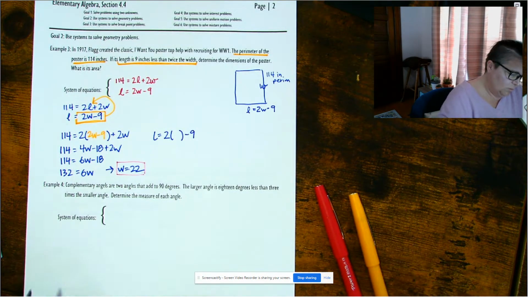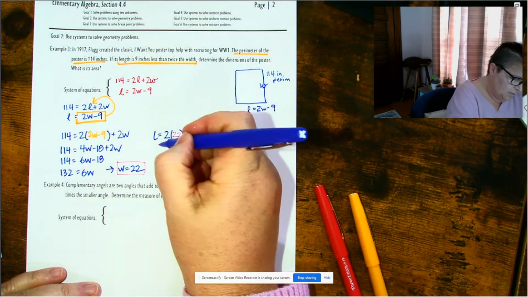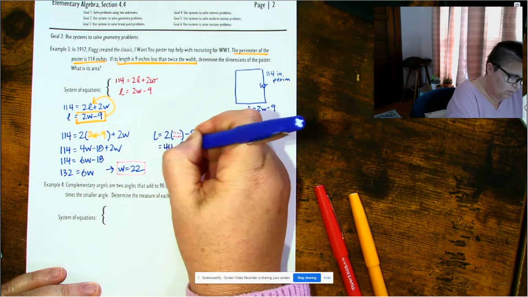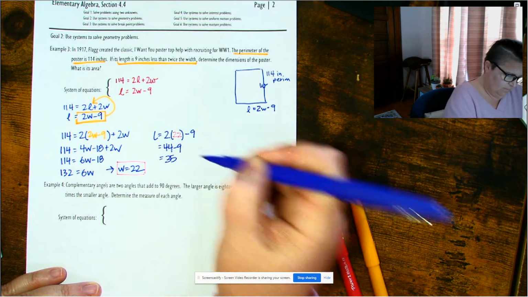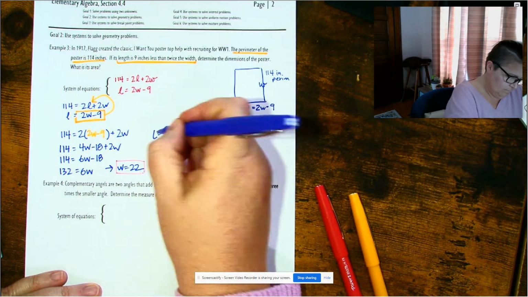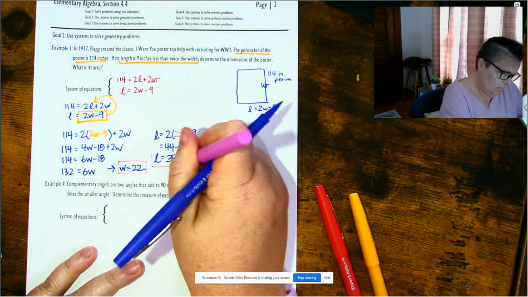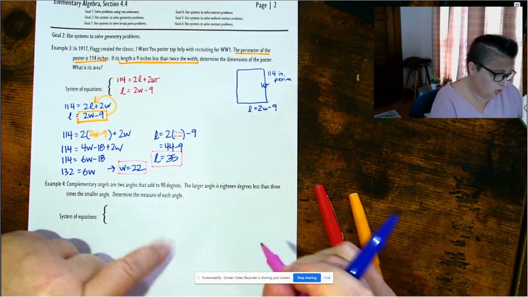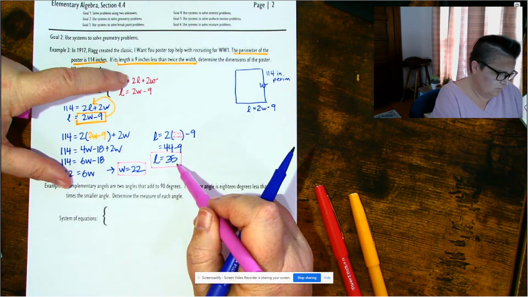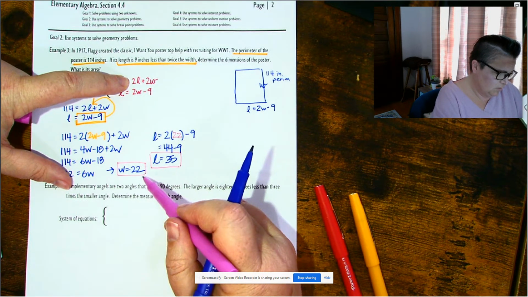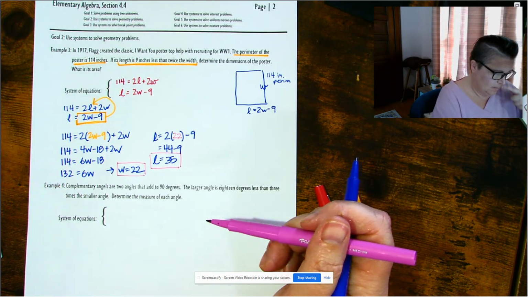Since my W was indeed 22, that's going to give me a length of 44 minus 9, which is going to be 35. Okay. Now, I should be able to check at least 2 L's would be 70, 2 W's would be 44. 70 plus 44 is 114. So I can do a quick check on that.